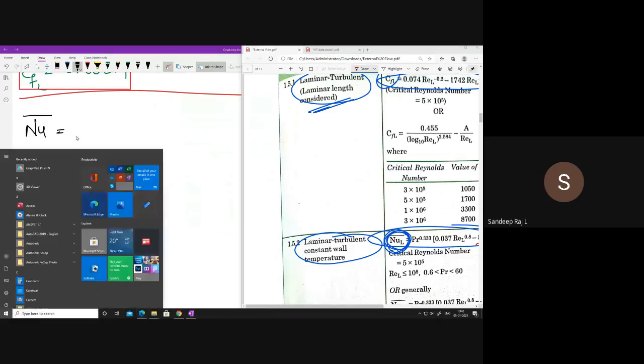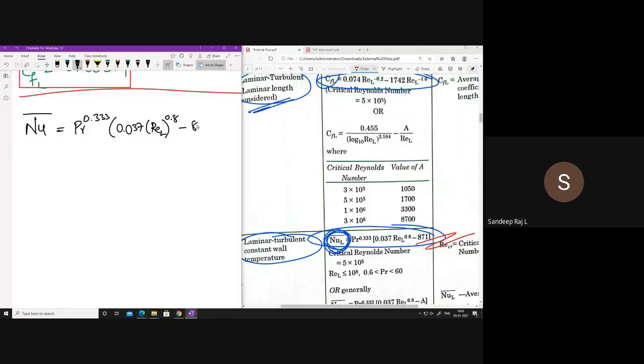This is equal to Prandtl power 0.333 into 0.037 into REL power 0.8 minus 871. This is the formula.